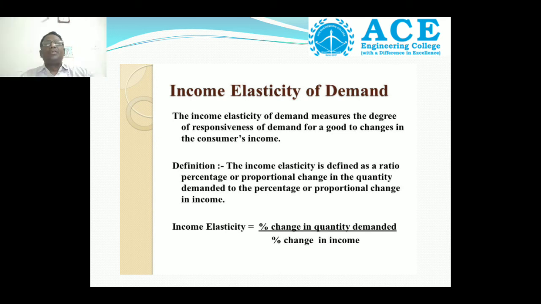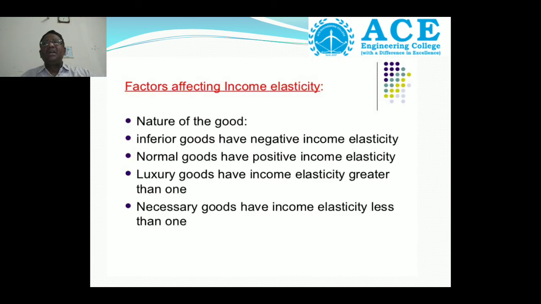Next, what are the factors affecting income elasticity? Nature of the good. Nature of the good means inferior good, normal good, necessary good, or luxurious good. We should know what an inferior good, a normal good, a luxury good and a necessary good are.